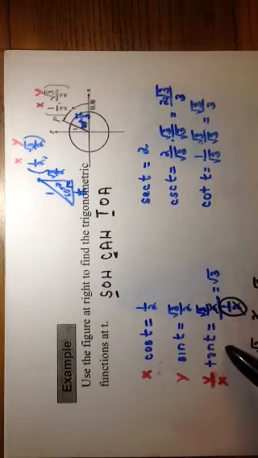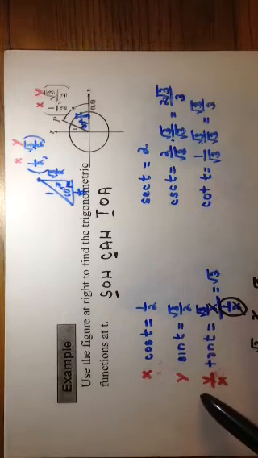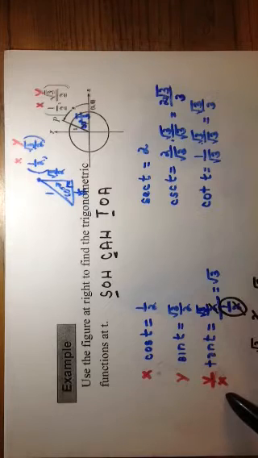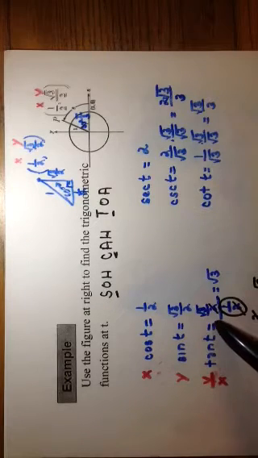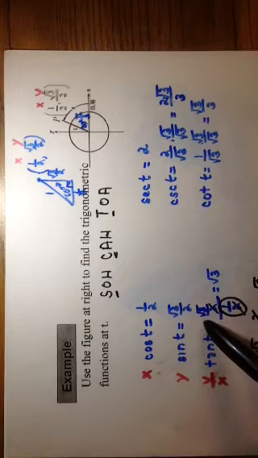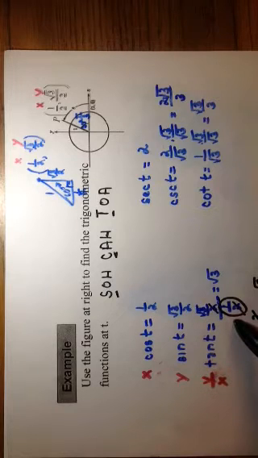Then tangent is the ratio of the y-coordinate over the x-coordinate, which would be square root of 3 over 2 over 1/2. What happens there is you're actually multiplying the numerator by the reciprocal of the denominator, and in essence, the 2's end up canceling out.